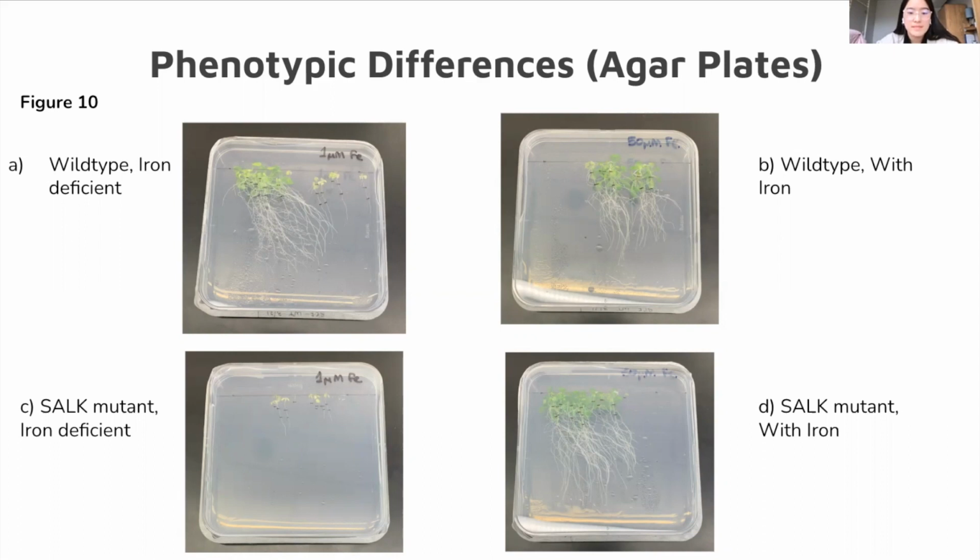It seems that the iron caused an increase in root growth because both the Salk and wild type plants had greater root growth in iron rich conditions rather than iron deficient conditions. It also appears that the iron deficiency affected the Salk mutant more because there was a greater difference in the amount of root growth between these two treatments.